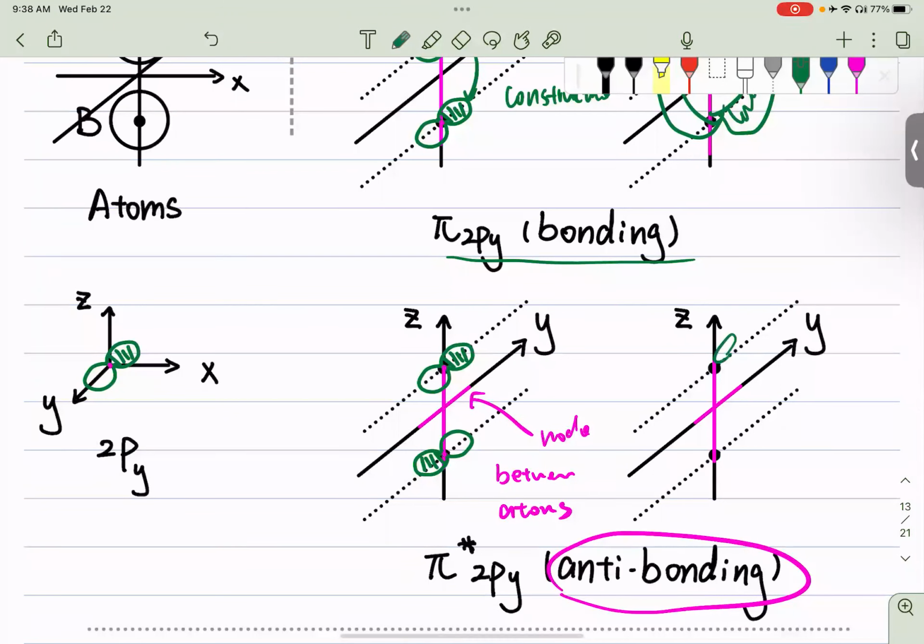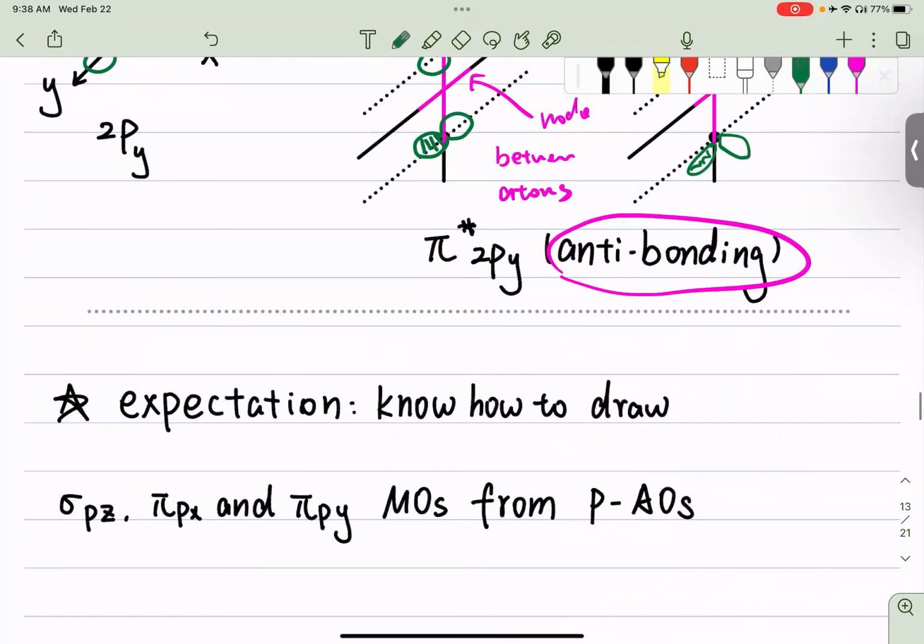Or more precisely, you can draw it like this. Means the wave function will cancel each other out. So here, I want to quickly summarize my expectation to you, because I do need you to know how to draw the sigma pz, pi px, and pi py molecular orbitals from these p atomic orbitals.